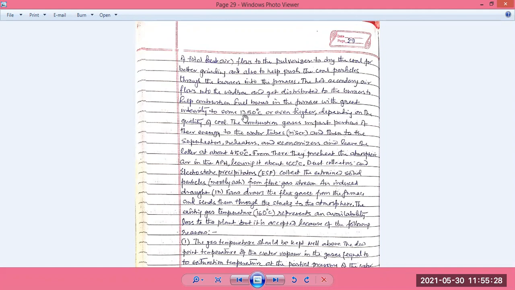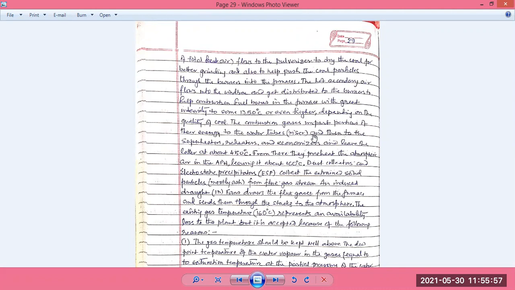It depends on the quality of the fuel itself. Now, the combustion gases impart portions of their energy to the water tubes, the water tube risers. So after the burning of the fuel within the flame, they create hot gases, hot smoke, which is nothing but smoke and gases from the burning coal, the burning fuel.